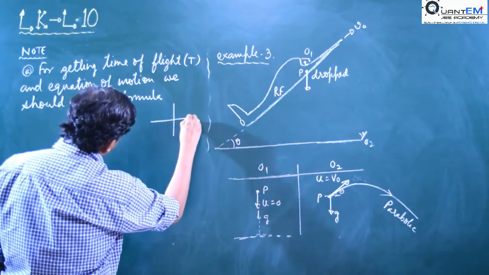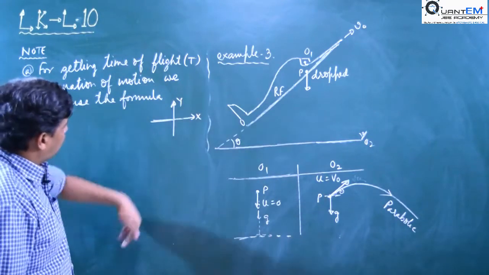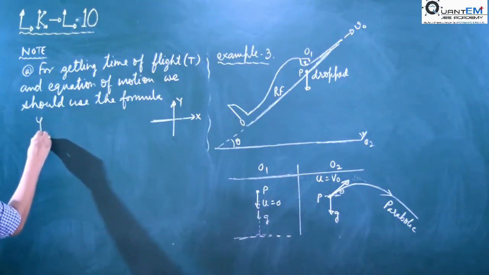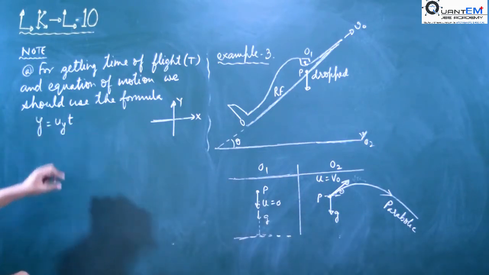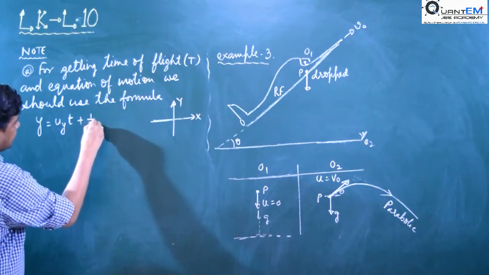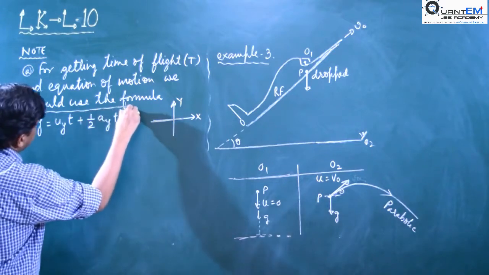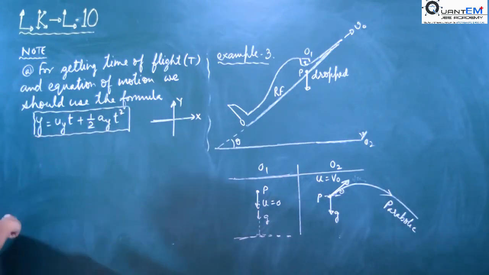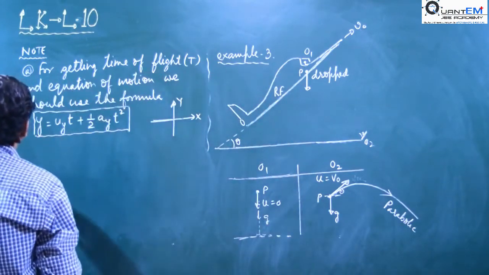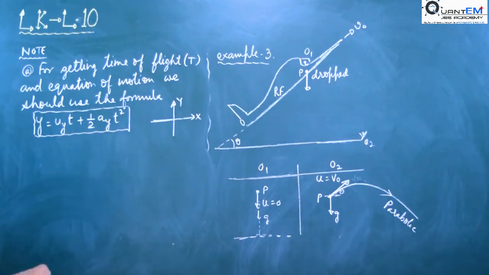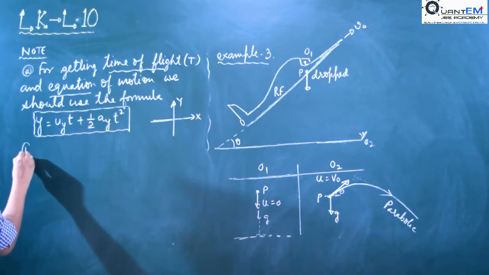Suppose the horizontal coordinate is x and the vertical coordinate is y. The particle has motion in the y coordinate. So in place of displacement we use y equals uy t, where uy is the initial velocity along the y coordinate, plus half ay t square. Whenever you have to get time and the equation for uniformly accelerated motion due to gravity, we should use the formula y equals uy t plus half ay t square.